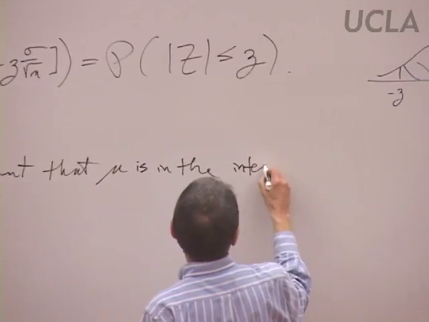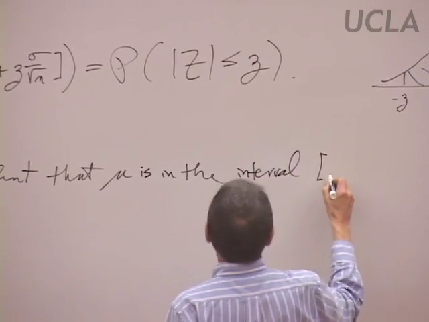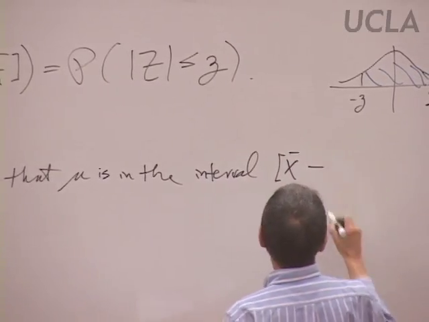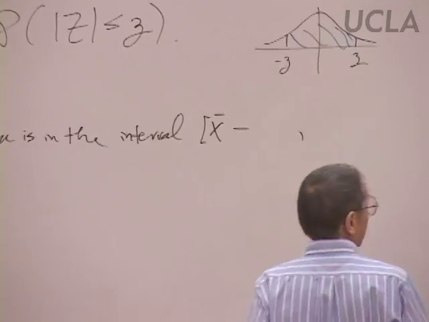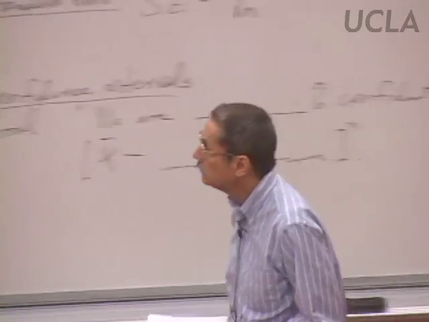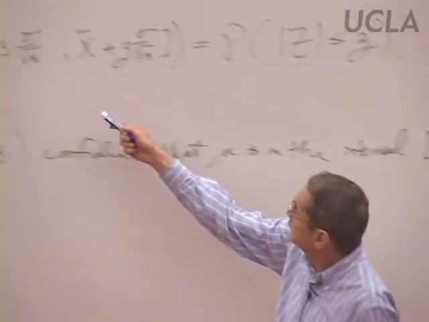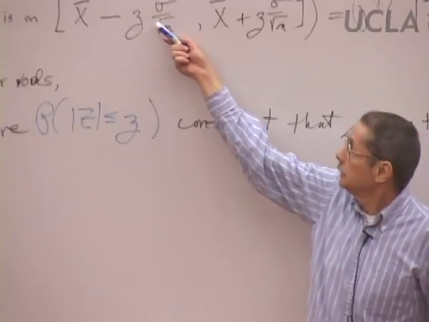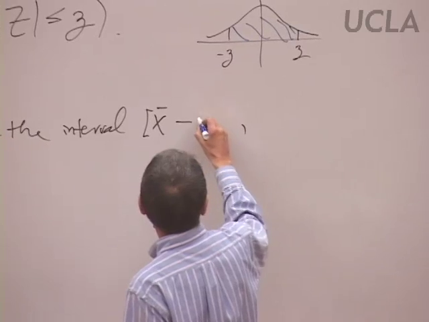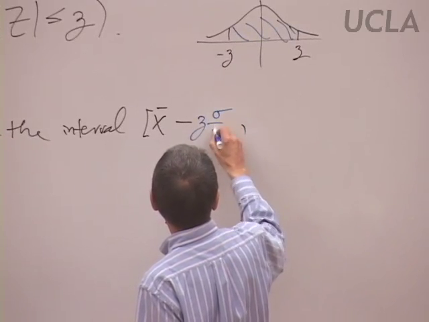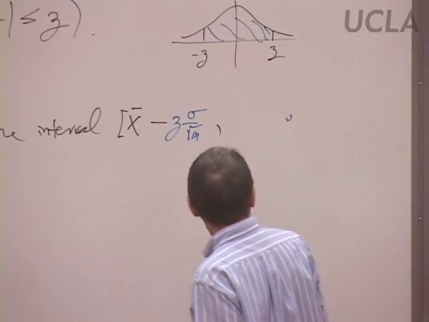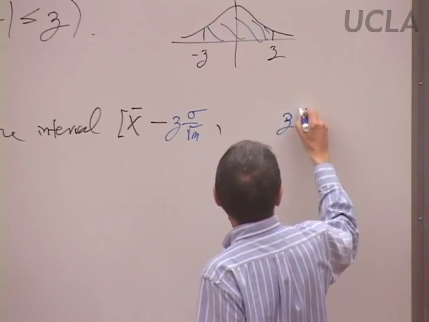x bar minus, and to fill in this blank, well, it's z standard deviations down, z sigma over the square root of n, to x bar plus z sigma over the square root of n.